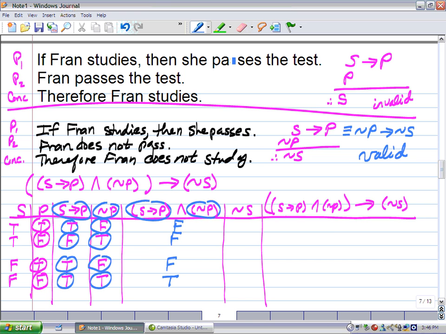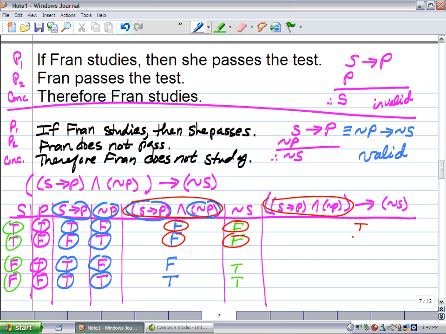Now we're doing the opposite of S. So I'm going all the way back to the beginning here. And the opposite of S, the opposite of trues are falses, and the opposite of falses are trues. Now I have to go in the correct order. This has to be first, implies not S. False implies false is true.